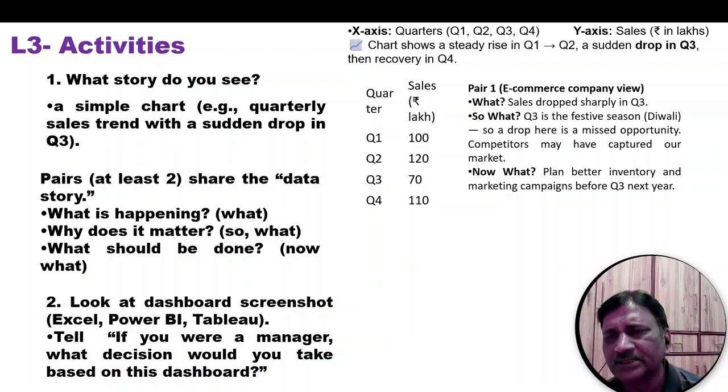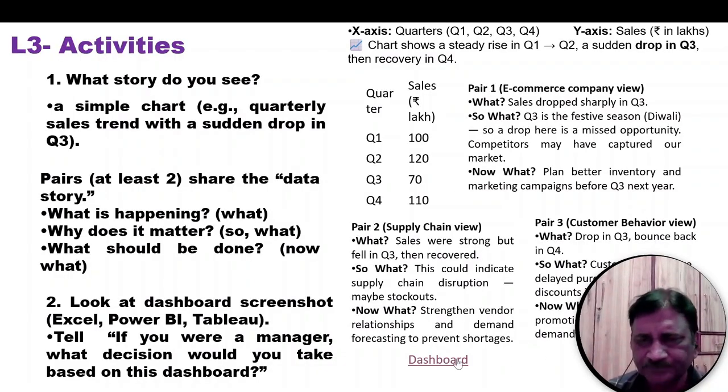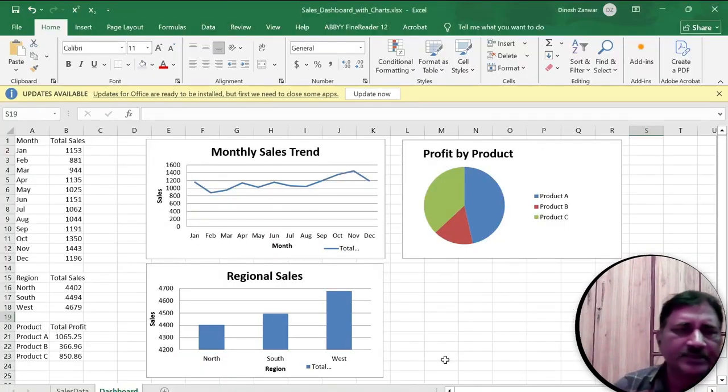So what: quarter three is a festive season, and I need to show you the data from the dashboard. Here you have the data in the dashboard Excel sheet, from January to December. The total sale is here. Then region-wise total sale is also given, and product-wise total sale is also given.